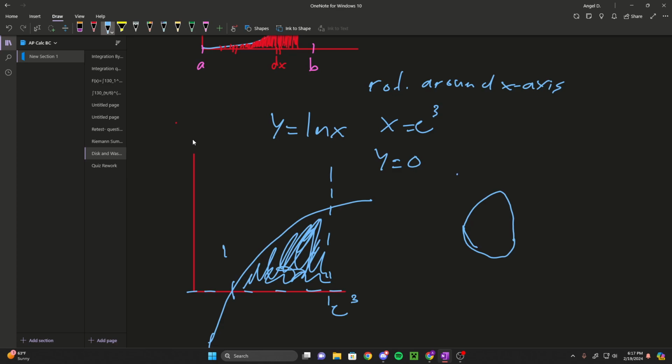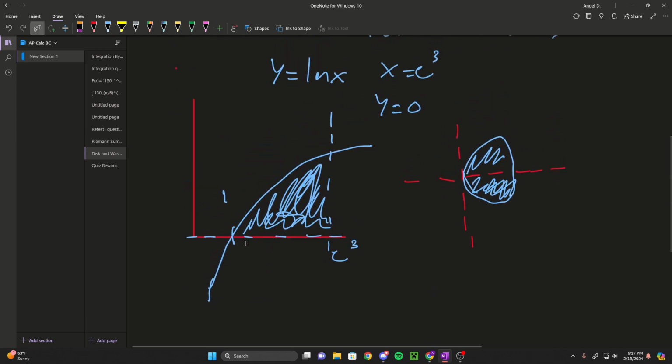So, let's draw our axes here so you can better envision this. So this is our y-axis, and this is our x-axis that goes directly through it. And now we're trying to find the volume of all of this. Well, it may seem taunting at first, but it really isn't that taunting, especially with disk method.